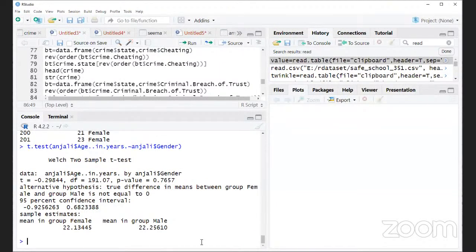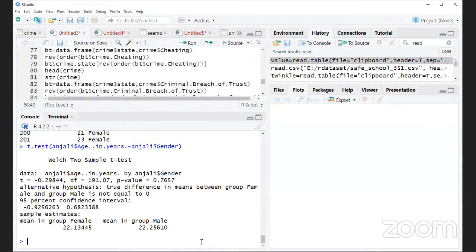Anjali, is it clear? Yes, sir. So age was metric and gender is categorical. We have found the t value is given, and then the degrees of freedom. It is not significant.